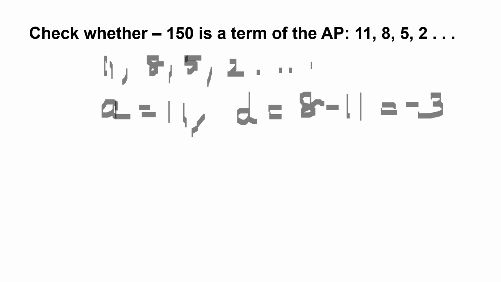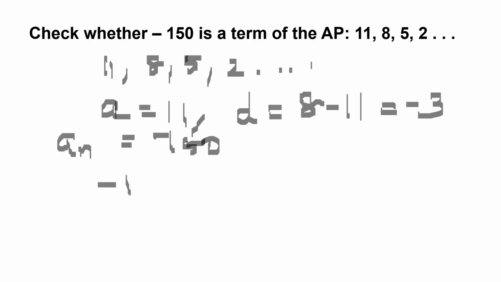Now check whether minus 150 is a term of the AP. So what we want to check is whether minus 150 is coming in the sequence. So let us take a_n as minus 150.